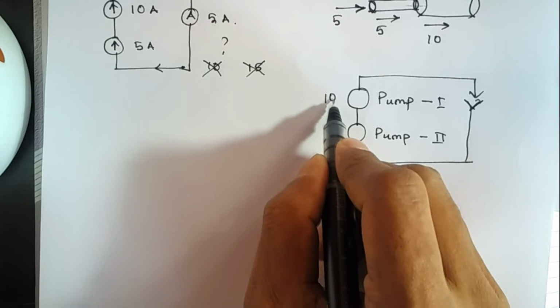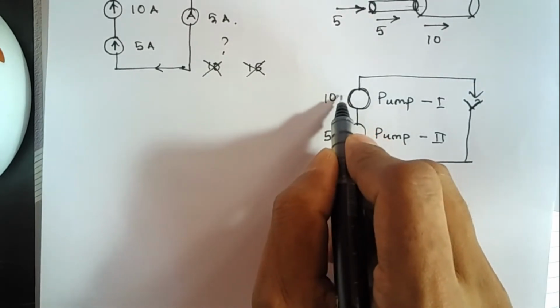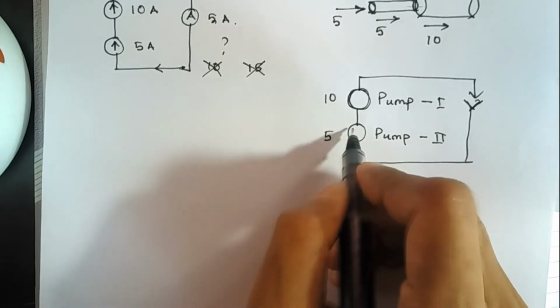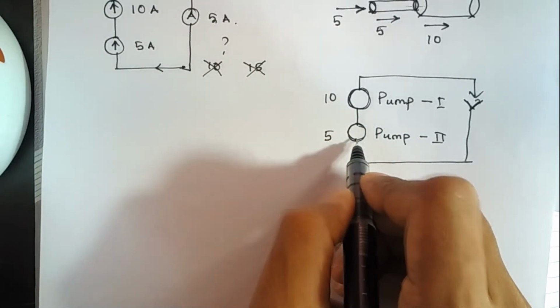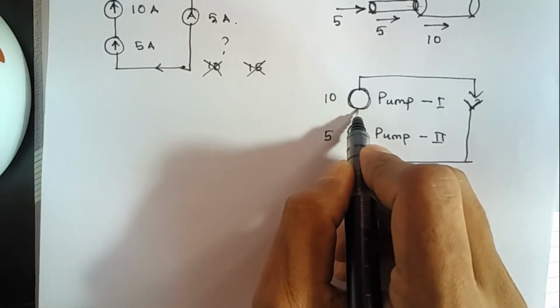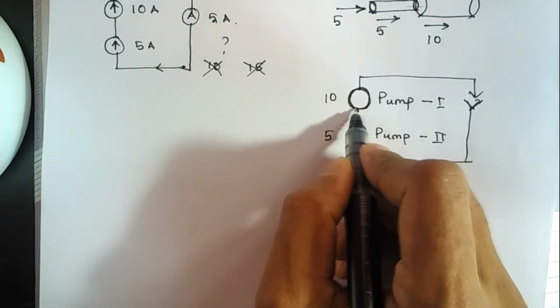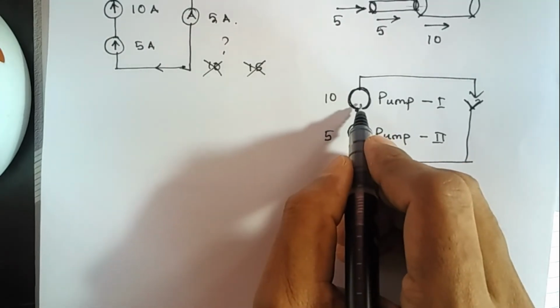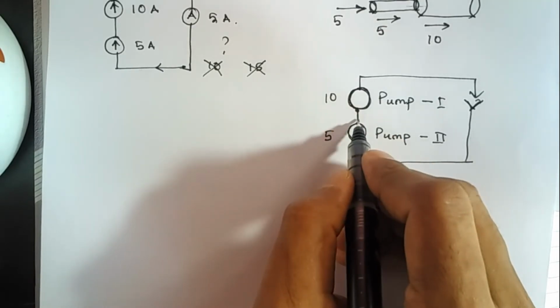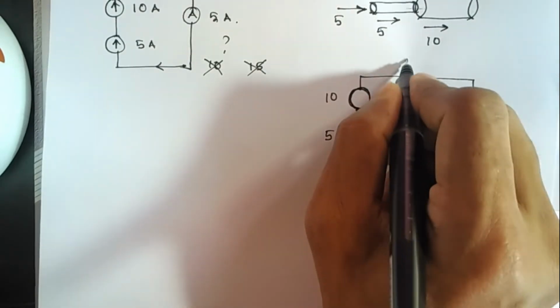This pump provides 10 units and this one provides 5 units. So 5 units of water flows through this pump and pump 1 adds 10 units of water with this one. So the total water flowing this way is 15 units.